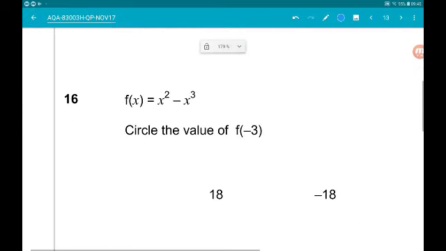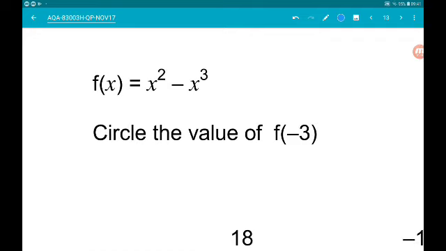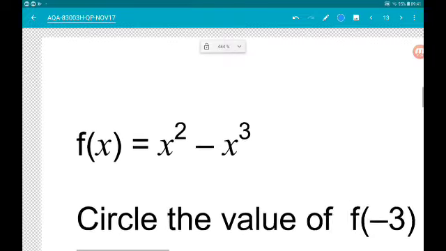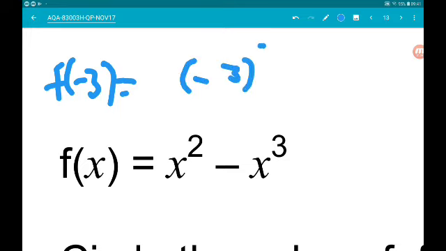Okay, then 16, we got functions, so I got loads of stuff on functions. Check out my playlist down below. So f of x is x squared minus x cubed. Circle the value of f of minus 3. So f of minus 3 means that we are putting in minus 3 as x into f of x. So we get minus 3 all squared minus minus 3 cubed.